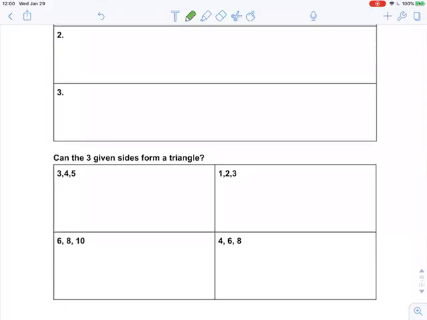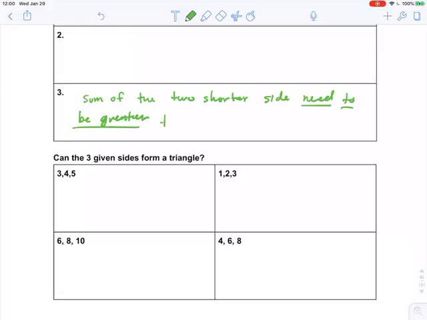We know that the sum of the two shorter sides needs to be greater than the third. It needs to be larger than the third side.